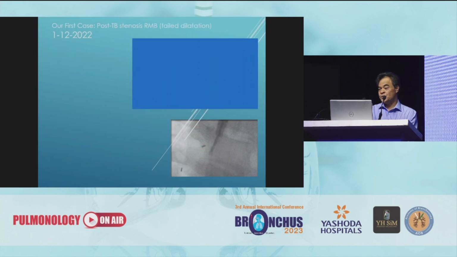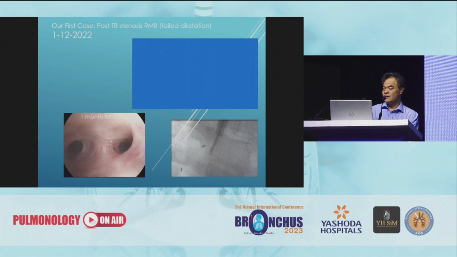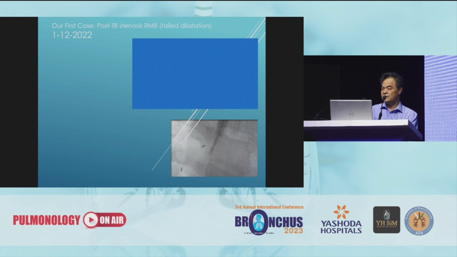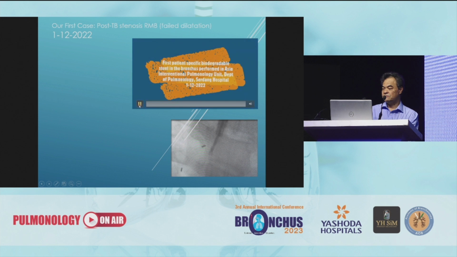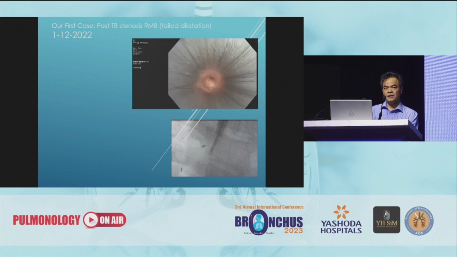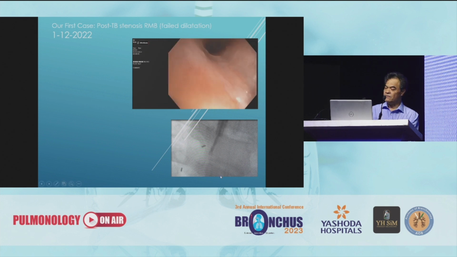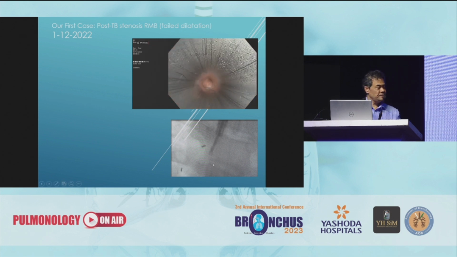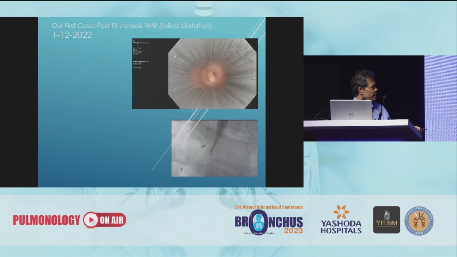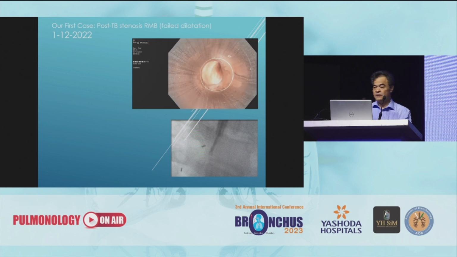Okay, just to show you the first case that we did in December last year. Short video. We did this procedure via rigid bronchoscopy under fluoroscopic guidance. You can appreciate the radio-opaque gold markers there, right?